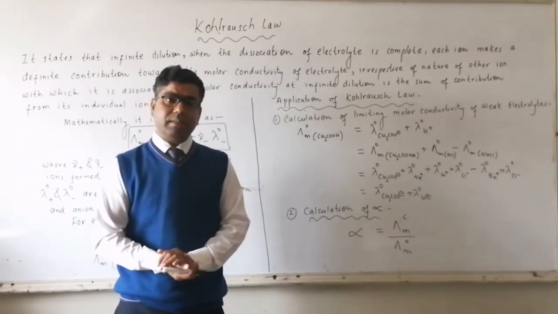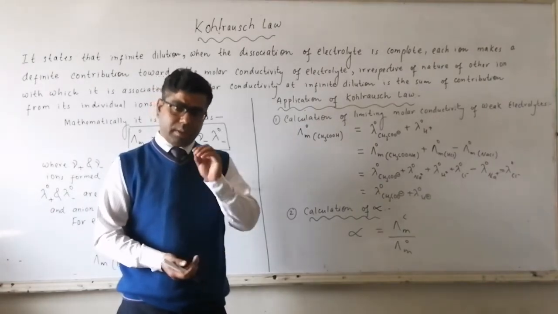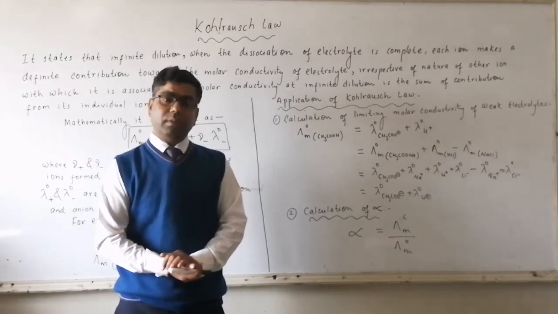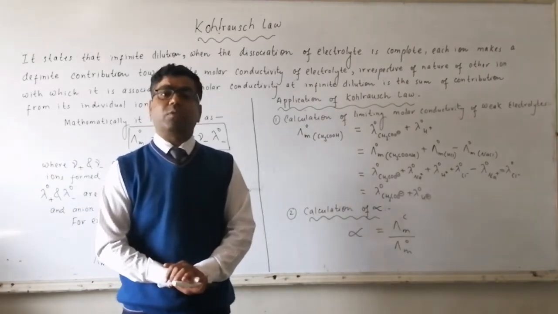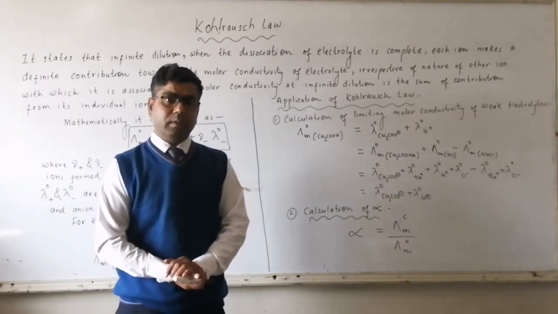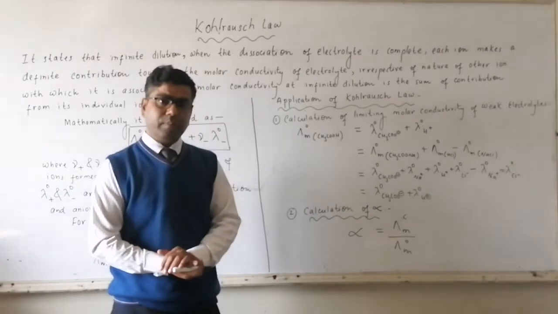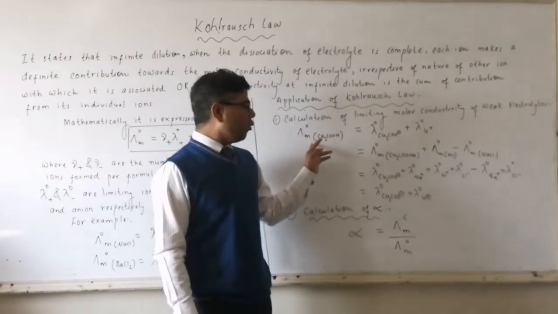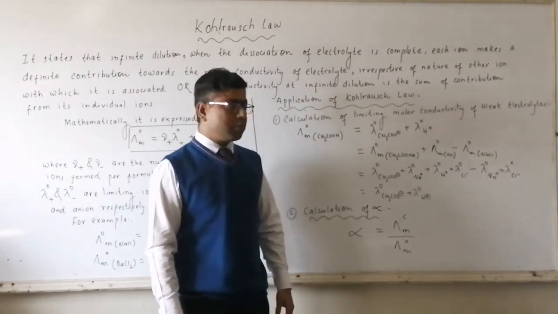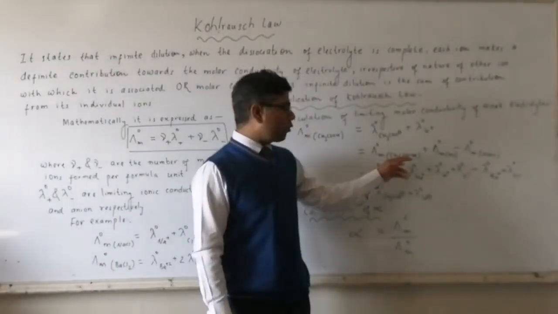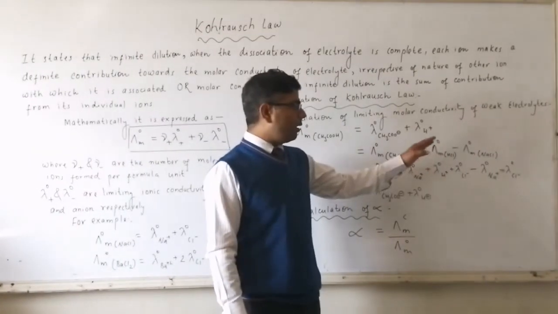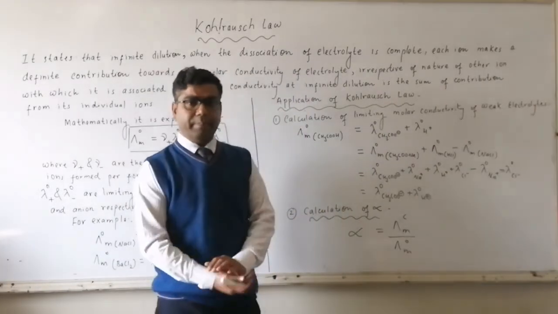So what can we do in this case? We will use the values of limiting molar conductivity for strong electrolytes. We can write here: limiting molar conductivity of acetic acid equals limiting molar conductivity of sodium acetate plus limiting molar conductivity of HCl minus limiting molar conductivity of NaCl.